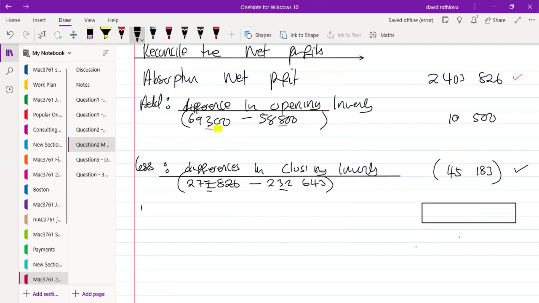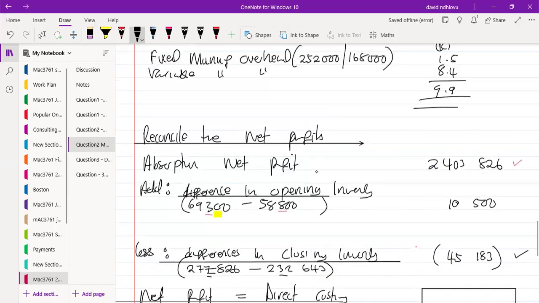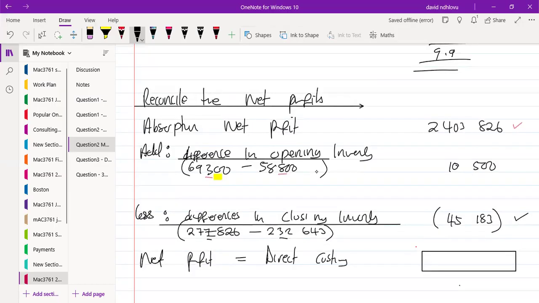If I'm doing everything correctly, I will get now to the net profit based on direct costing. So therefore we say 2403,826 plus 10,500 minus 45,183.